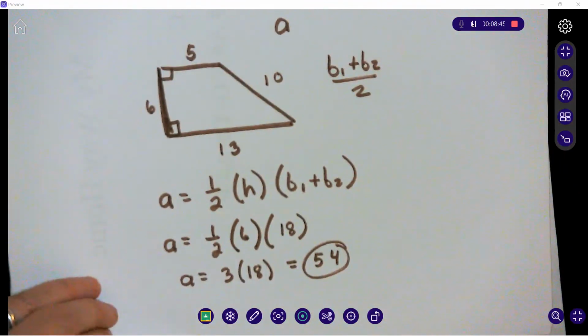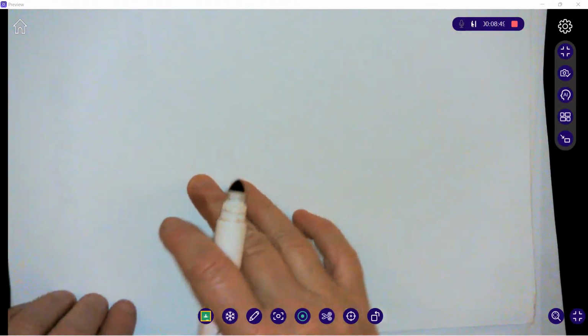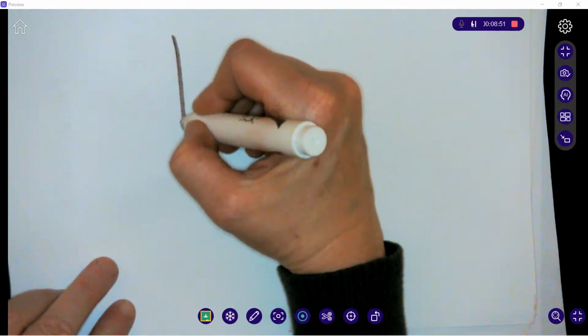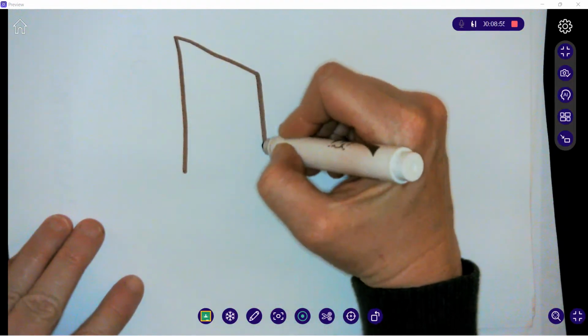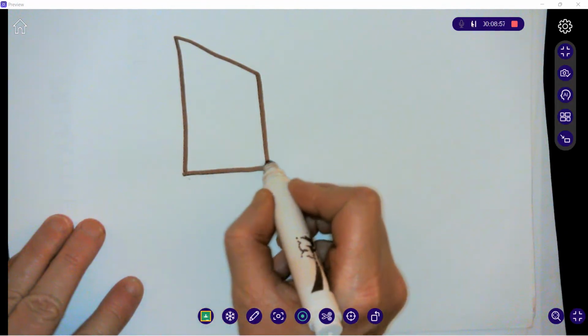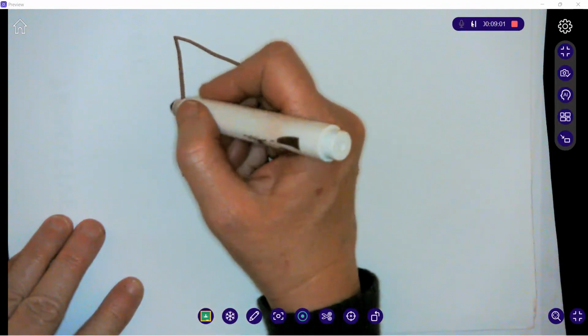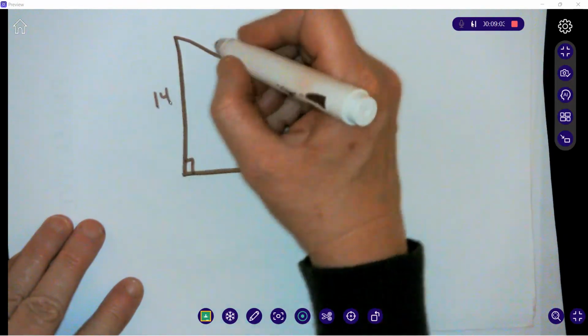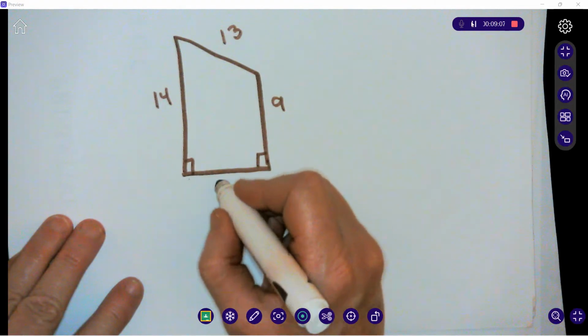There's one more I want to show you because they tried to trick you with this one, and you might get one like this in your homework. In this one, they draw the trapezoid like this. They have it rotated 90 degrees. And they say that this is 14, and this side is 13, this side is 9, and this side is 12.